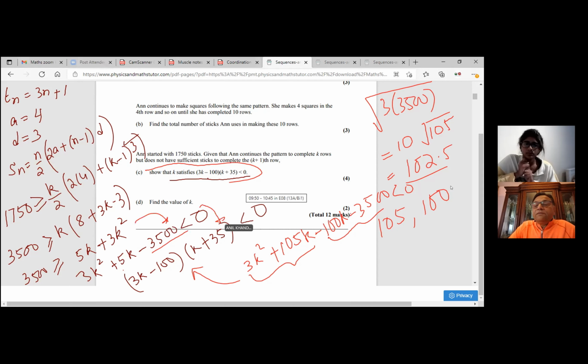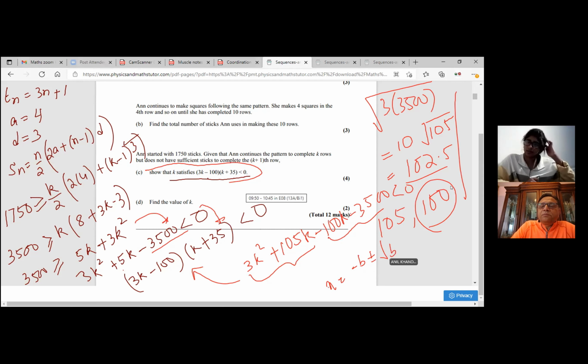However, if it is not given to you, and you have to factor, this is a neat technique. You see how I got the number 100? Because there are so many factors of this 3 times 3500, we have to get the right one in the test. Or you can use the quadratic formula and factor. So you know the quadratic formula: x equals minus b plus or minus the square root of b squared minus 4ac, over 2a.